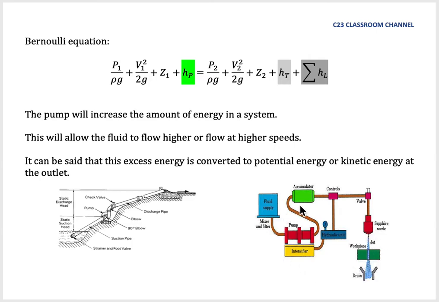So we could have this one. This is a workpiece cutter, but the medium is not a jigsaw, but a water jet. I hope you know that we can cut metal by using a water jet. So we need to give more energy to the water jet to make sure it flows at a higher rate.